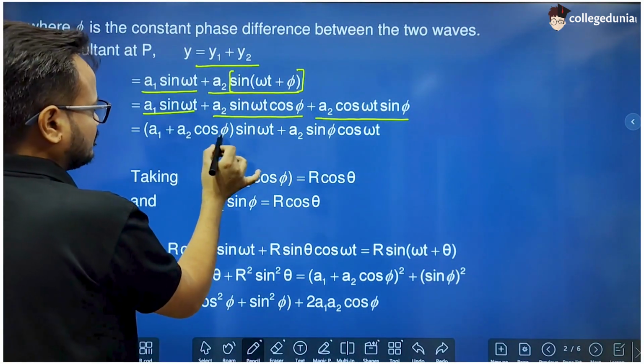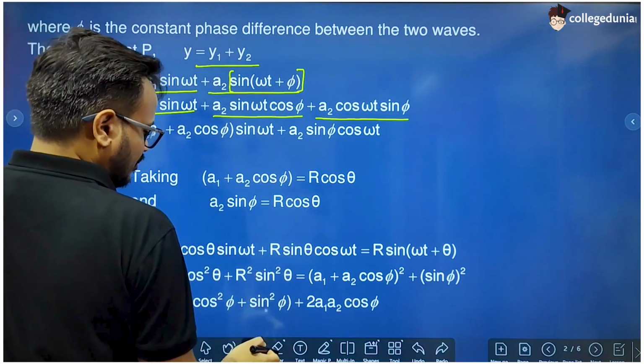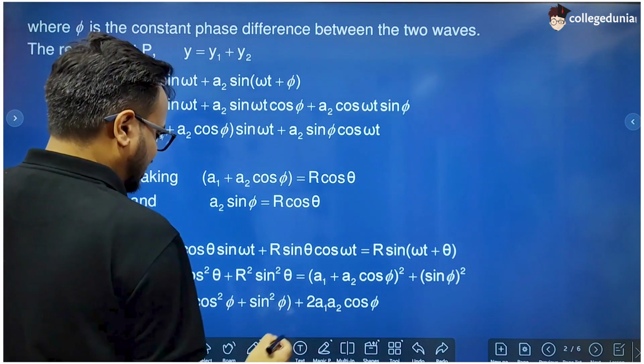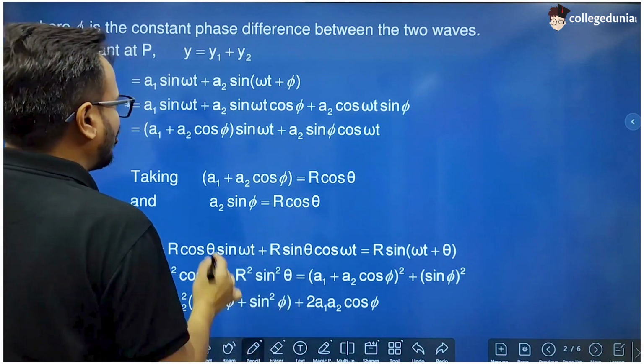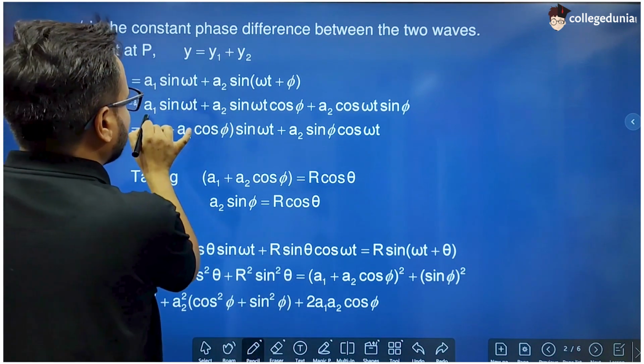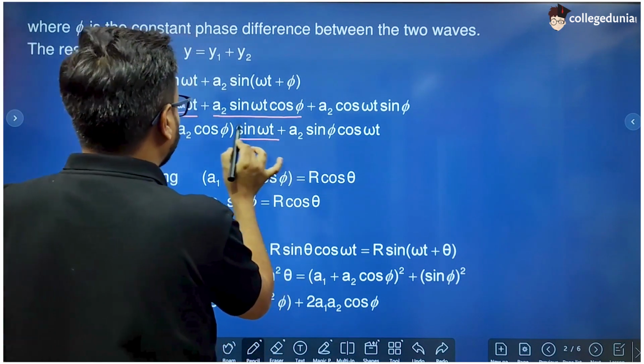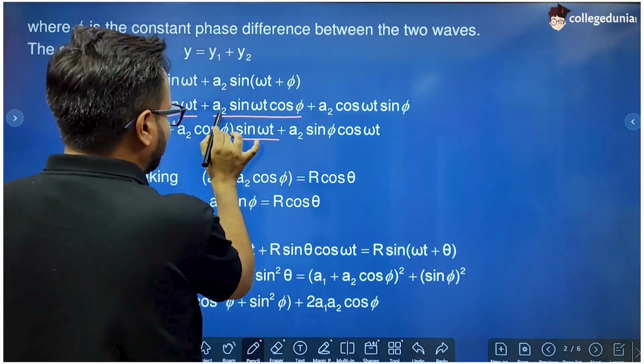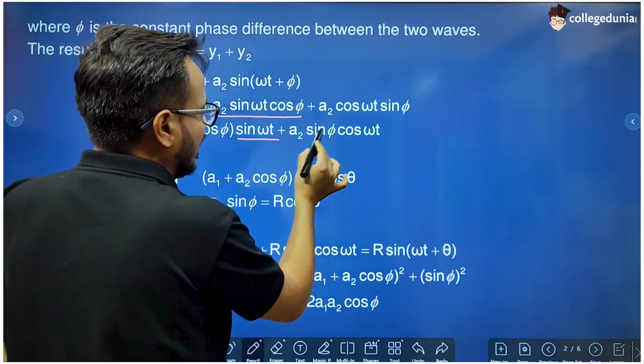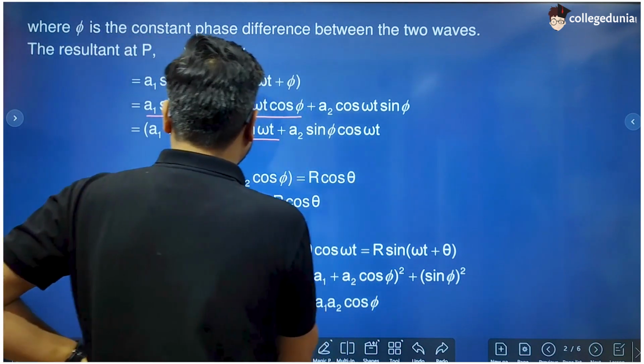If you take sin omega t common from these two terms, here we are left with a1 and here we are left with a2 cos phi, and this remains like this.